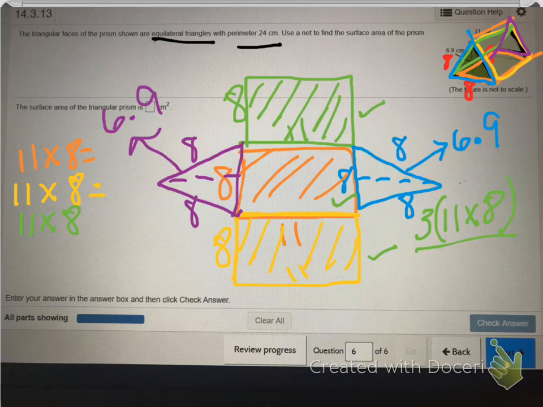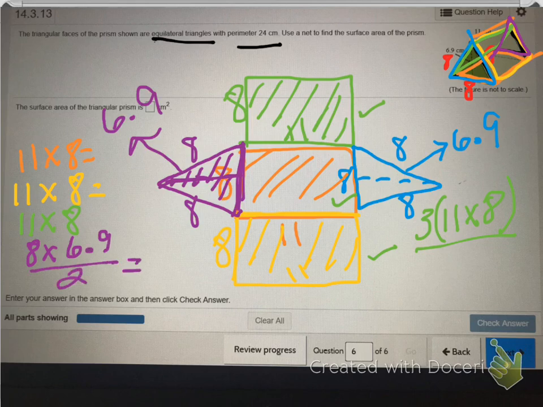Then we've got our triangles in the end, our purple triangle. Remember, triangles are base times height divided by 2. So the base is our line that's right here, which is 8, times our height, which is this line right here, 6.9, divided by 2 is going to be the area of our purple triangle. And then our blue triangle is going to be exactly the same.